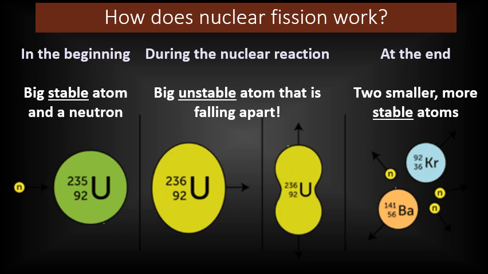Now this guy is really unstable, and so it's going to fall apart almost immediately. And as it does that, you can see it splitting down the middle, breaking up into two different chunks. Very often this is krypton and barium, and we can see there are 1, 2, 3 neutrons at the end here that are also released. So most of the material is in these two elements, which are a lot more stable, and then there's also some neutrons involved.